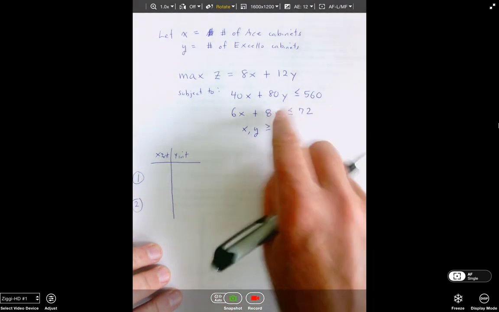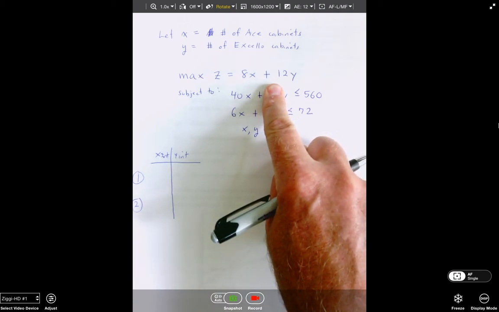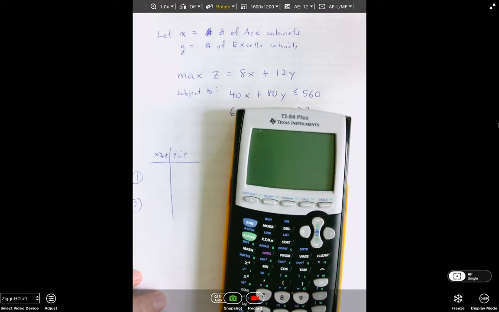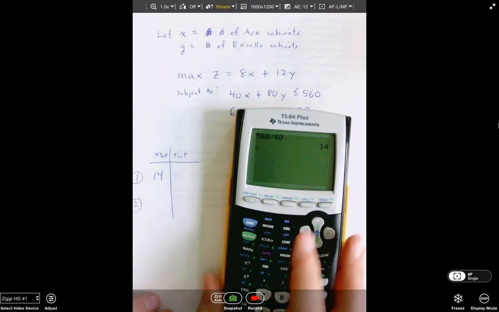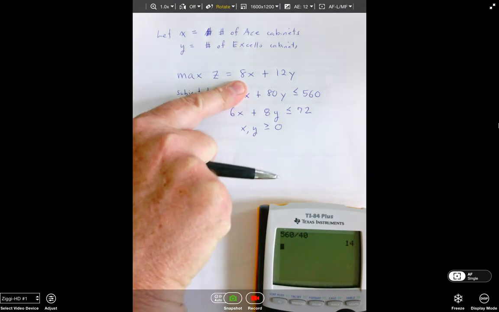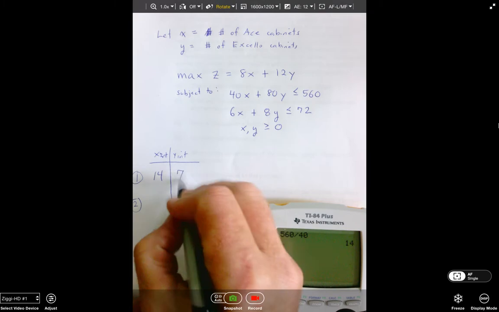So guys, for the first one, cover up the Y, so I get 560 divided by 40. So I get 14. Staying with the first one, if I want my Y-intercept, I cover up my X. So I have 560 divided by 80. 7.